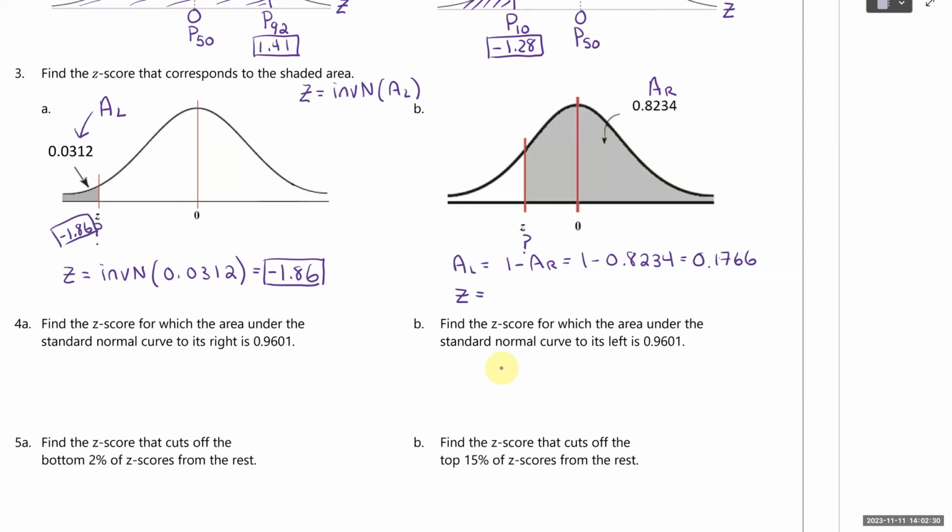Now we can inverse norm. So we can inverse norm that area to the left of the z-score we're trying to find. And that will be negative 0.93 on the number line. All right, so that answer is also negative, and it's right there.